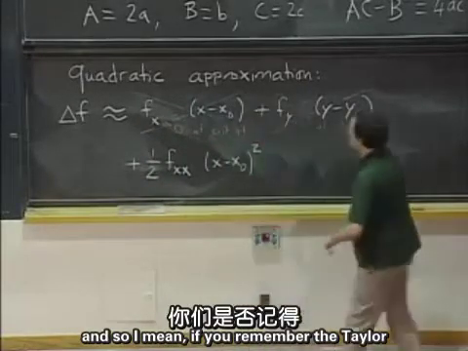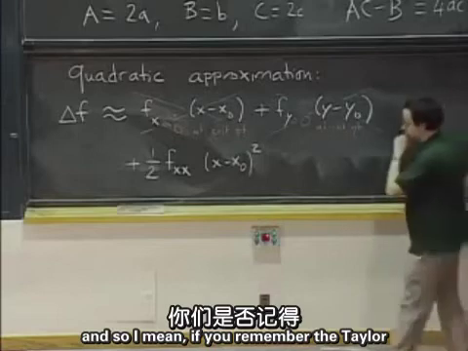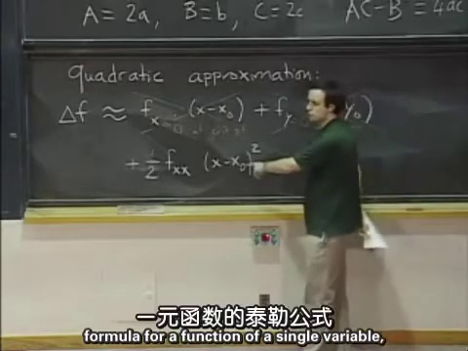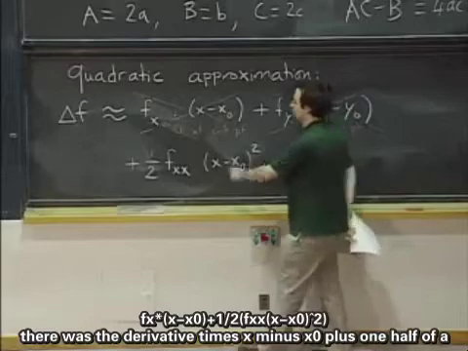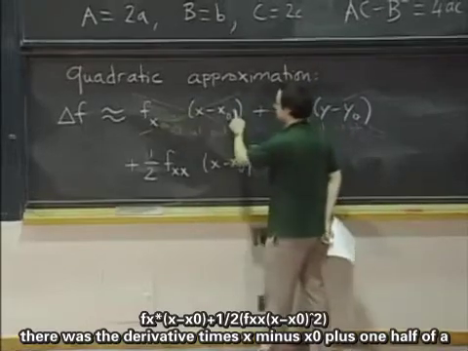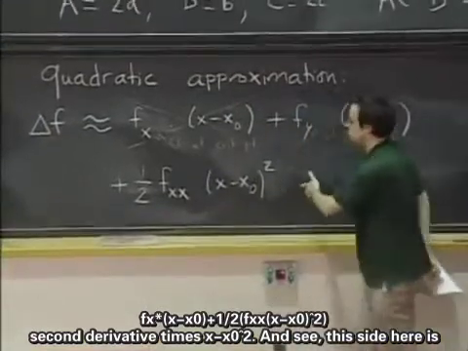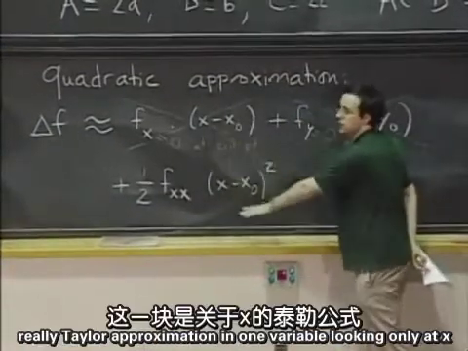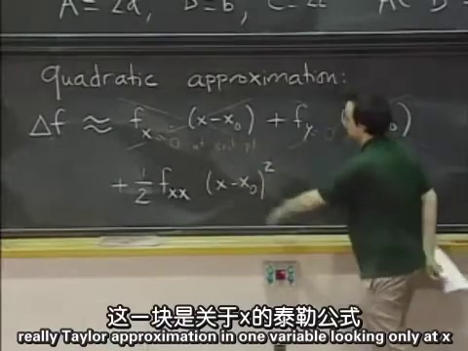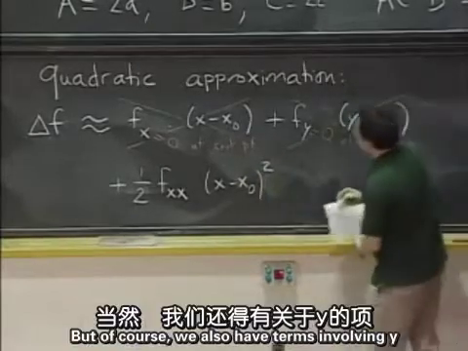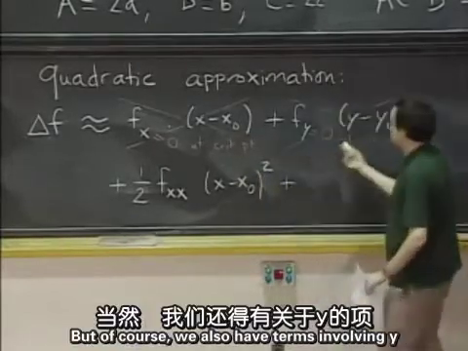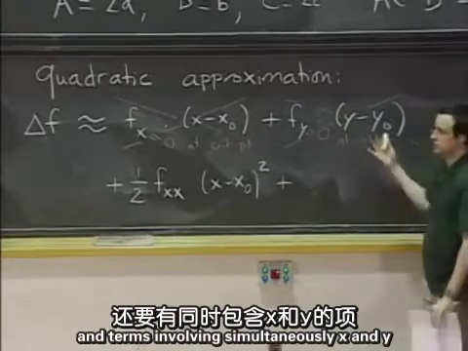And so, I mean, if you remember the Taylor formula for a function of a single variable, there was the derivative times x minus x0 plus 1/2 of the second derivative times x minus x0 squared. And see, this side here is really Taylor approximation in one variable, looking only at x. But of course, we also have terms involving y and terms involving simultaneously x and y.